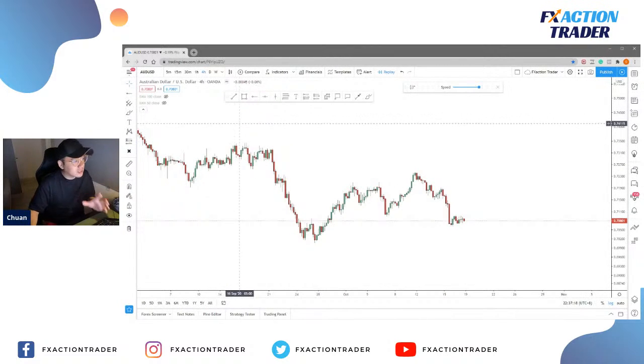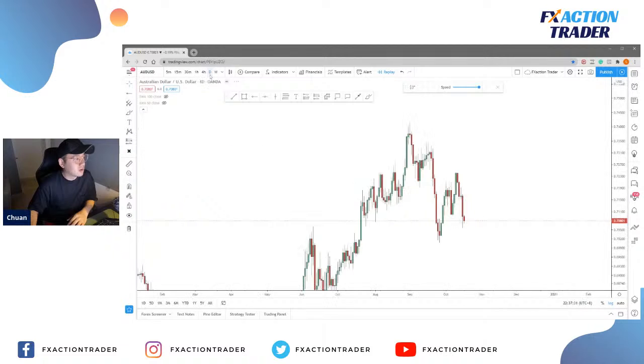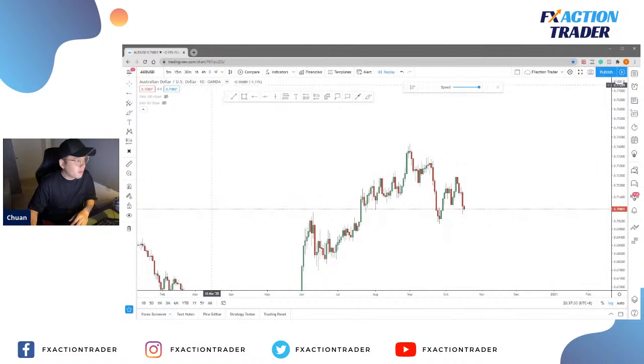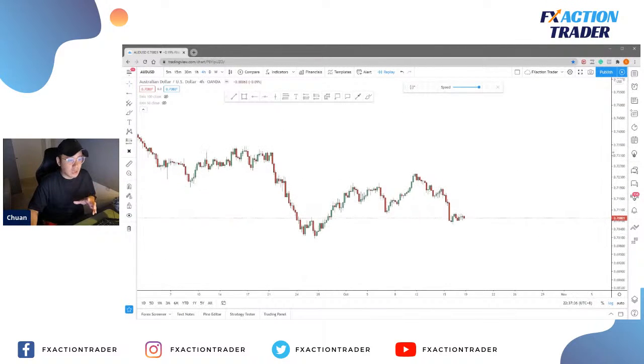As long as the market keeps making new highs, we look for a buy trade. If the market fails to create a new high and creates a new low instead, we go for a sell trade. But to really master the concept and combine it into your daily trading is another story. So I'm expecting the market to pull back.